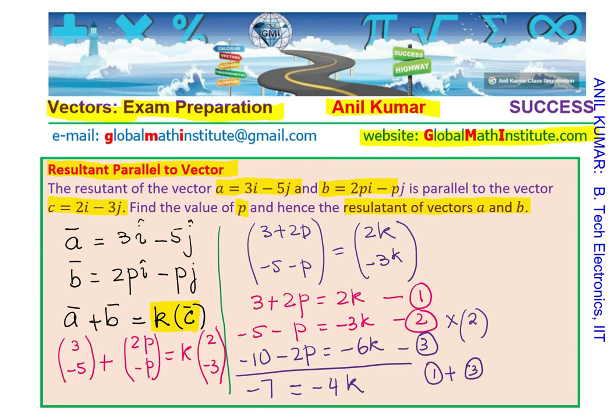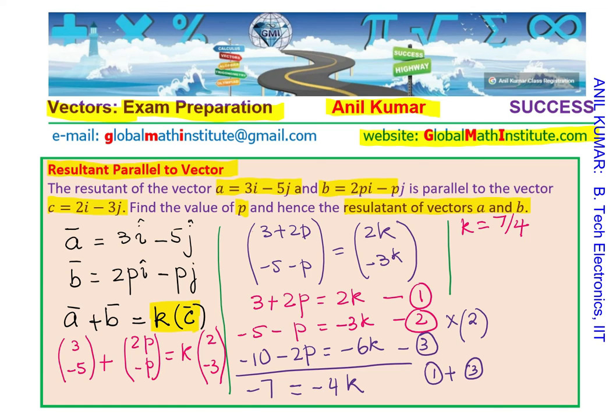So k is equal to 7 divided by 4, negative, negative cancel. So we get the value of k as 7 divided by 4. We can also find the value of p.